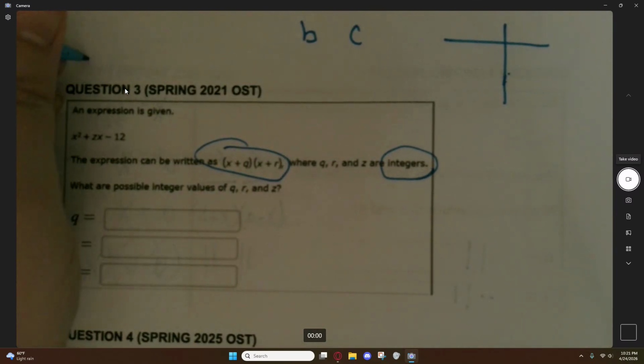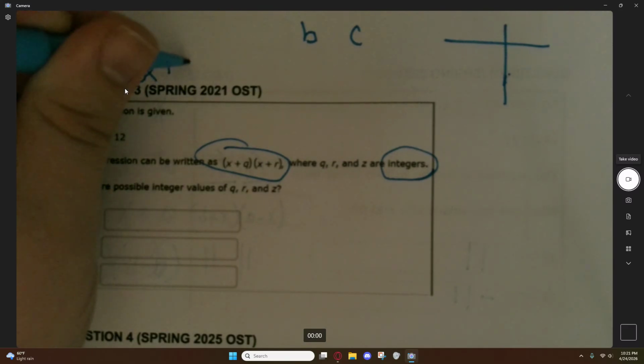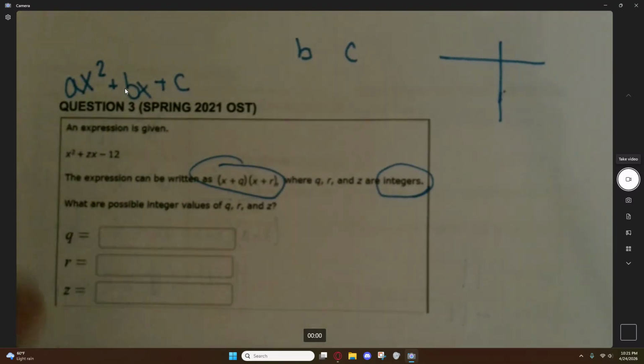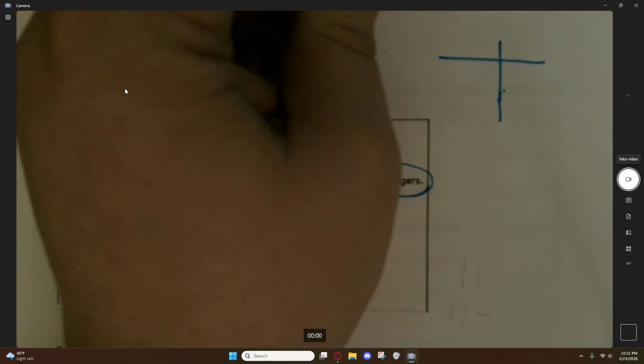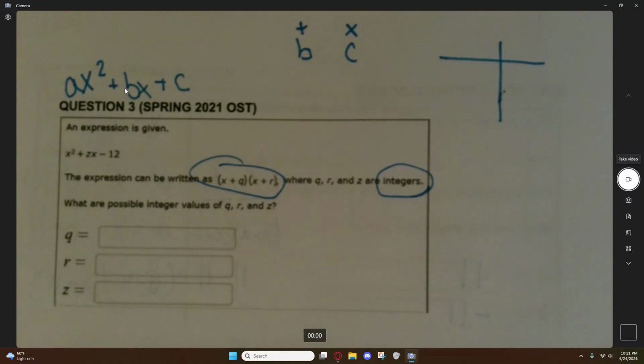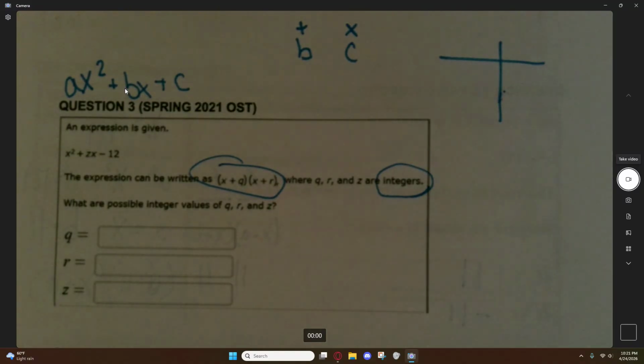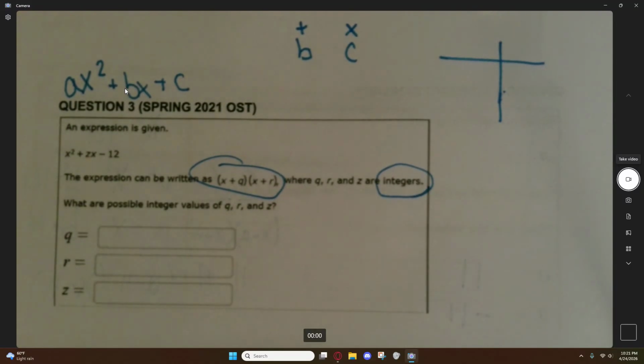I should have led that by saying that this trinomial is written as ax squared plus bx plus c. You need numbers that add to b and multiply to c. So, our c is given to us as negative 12.